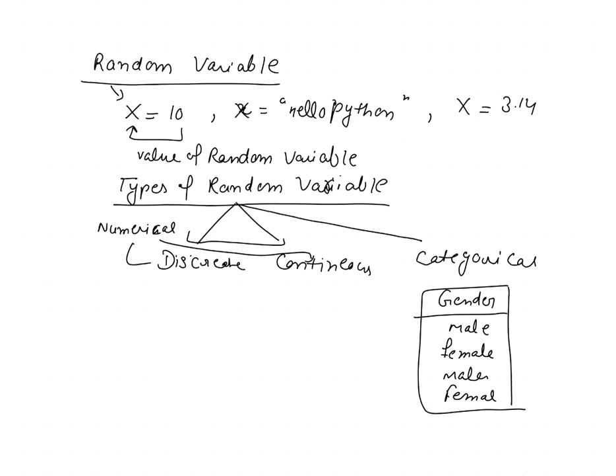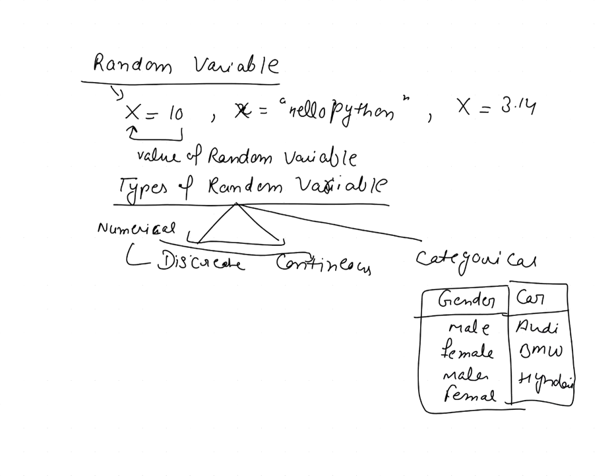So gender is categorical, right? We can also take another example here. Let's say you have a car model, right? So it's your Audi, BMW, and Hyundai. Okay. So this is also categorical.